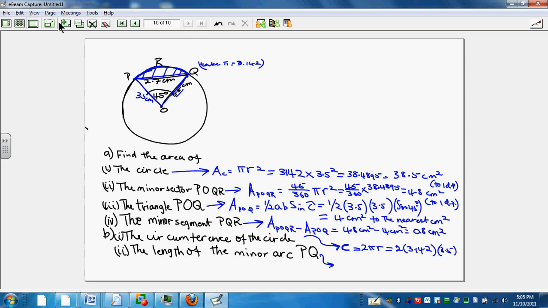So when we work that out, 2 by 3.142 by 3.5, that will give us a figure of 21.994 centimeters.